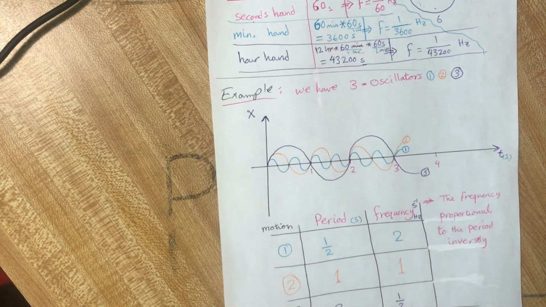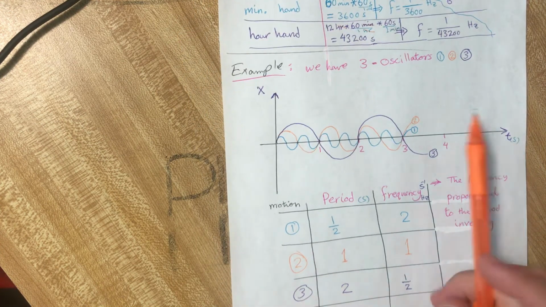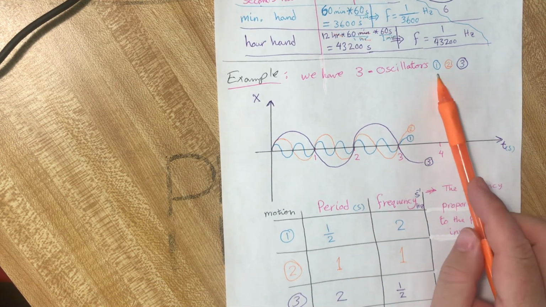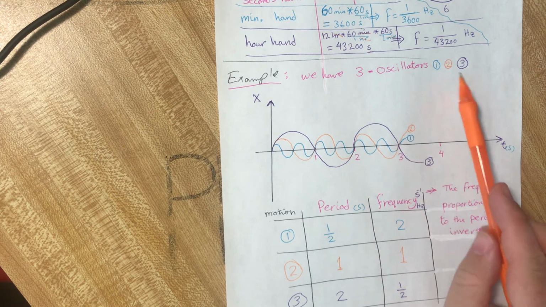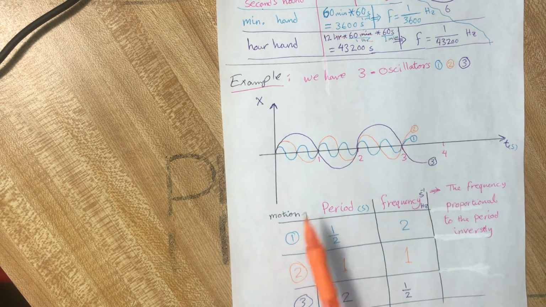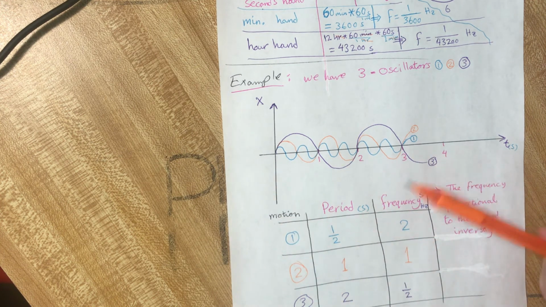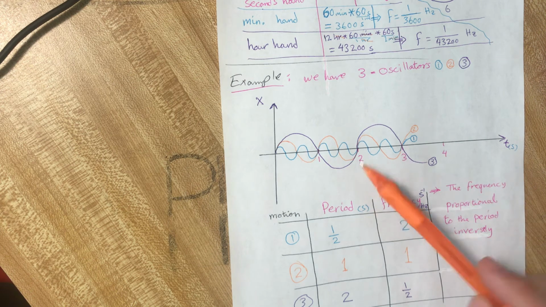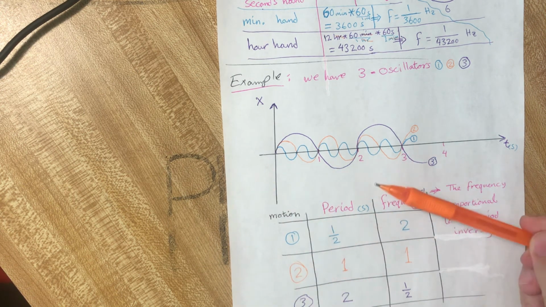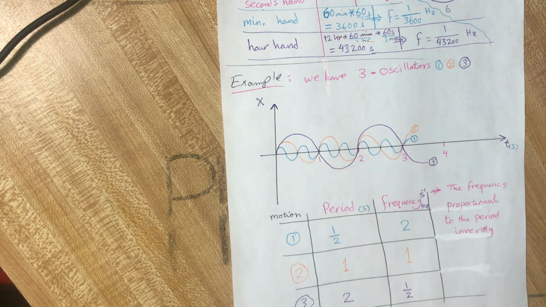Okay, another example. We have 3 oscillators. Oscillator 1, 2, and 3. One in blue, the second in orange, the third in purple. We see that their oscillations are different. The blue one oscillates faster than the orange, and the slowest one is the purple one.